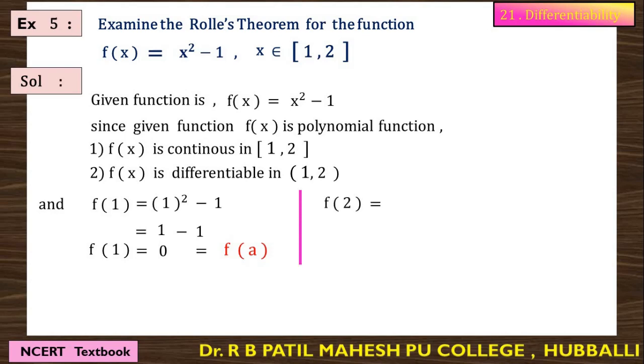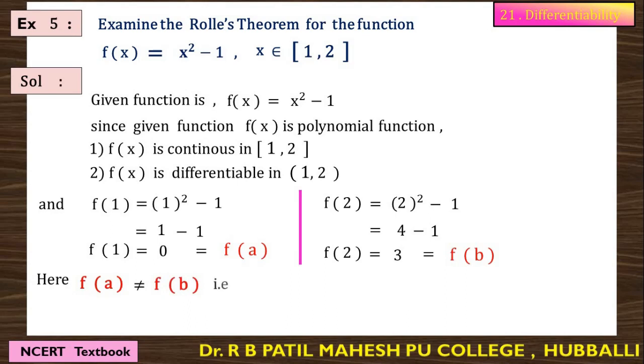And second f of 2, 2 square minus 1, and that is 4 minus 1, that is f of 2 value is 3. This is f of b. So here you can see that f of 2 is 3, f of 1 is 0, they are different, therefore f of a not equal to f of b, that is f of 1 is not equal to f of 2, therefore Rolle's theorem fails. That means we cannot apply Rolle's theorem here.